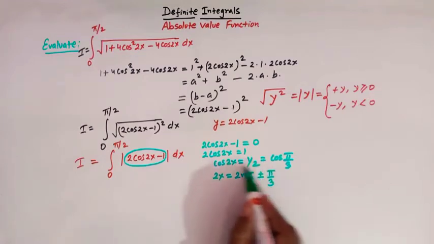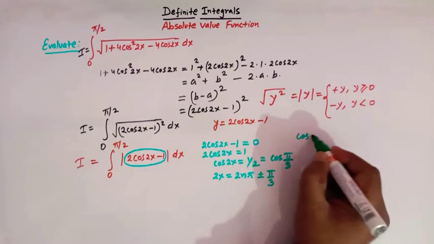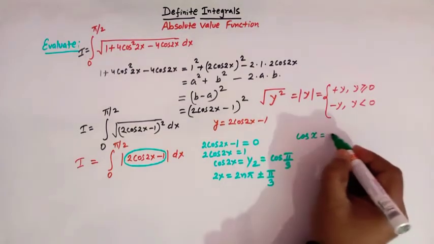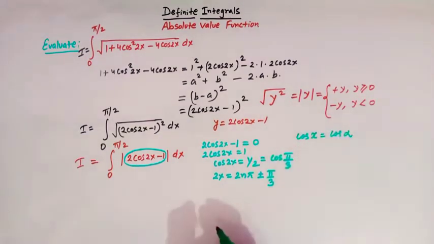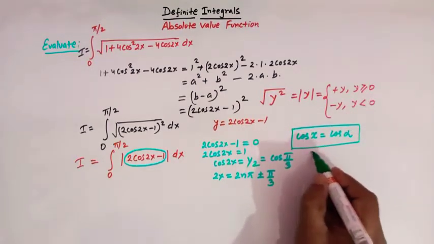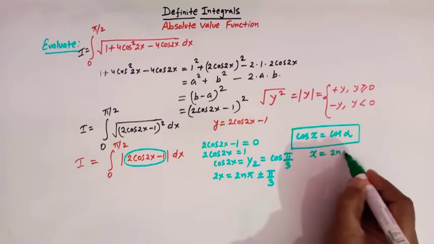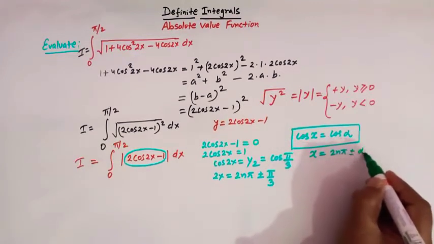This is the general solution of an equation of the type cos x equal to cos alpha: the solution is given by x equal to 2n pi plus minus alpha.